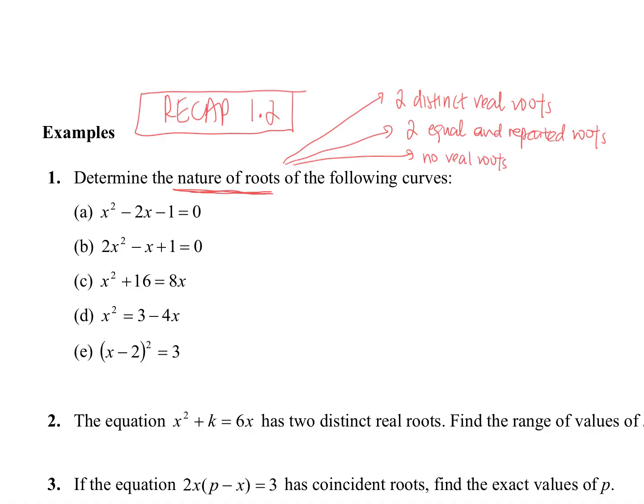So the first one, what is the discriminant? 4 plus 4, 8. No need to complete the square. Just find discriminant and tell me, is this 1, 2, or 3? Since discriminant is positive, then it's 2 real and distinct roots.